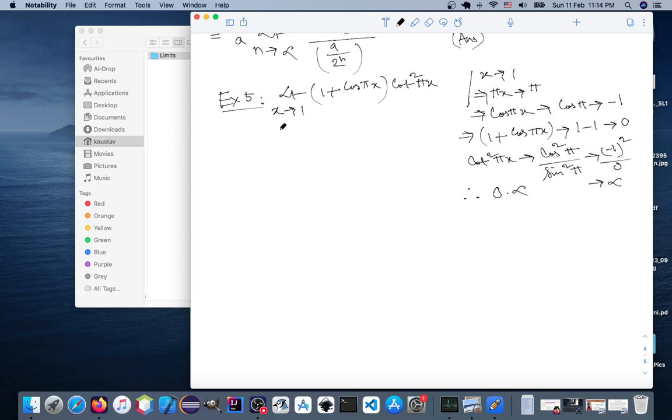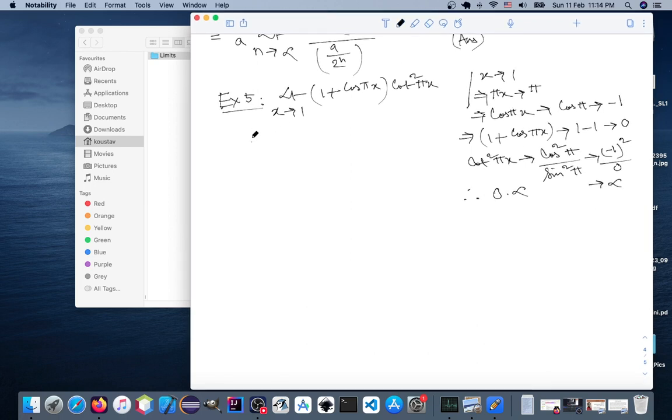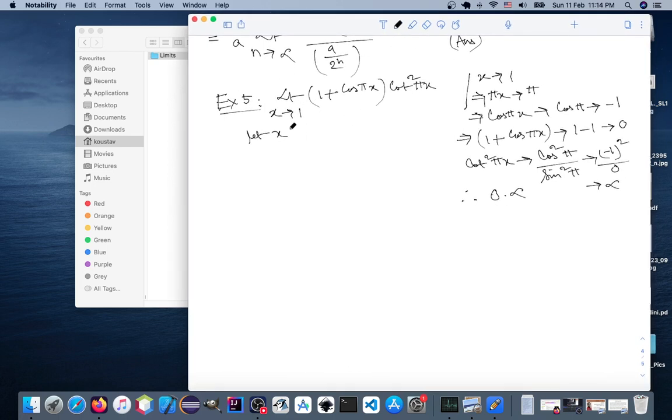So if we write x equals 1 plus t, we will get x tending to 1 implies t tending to 0.